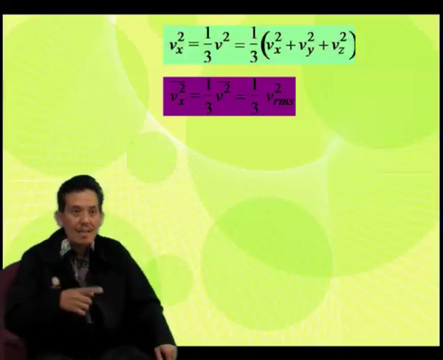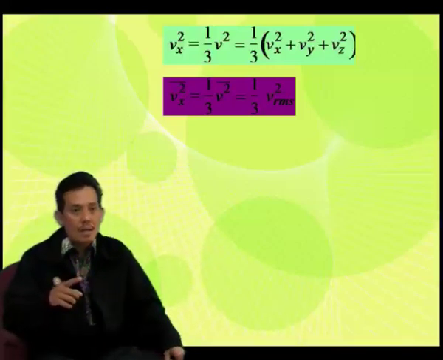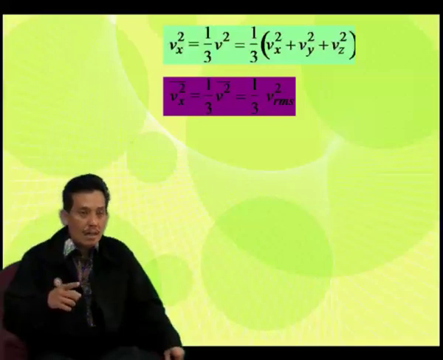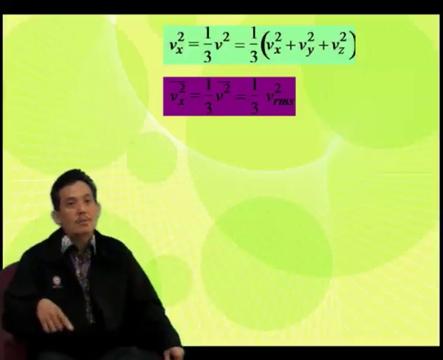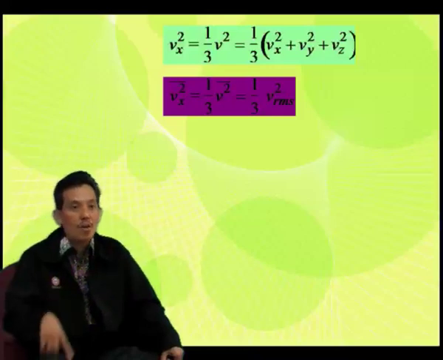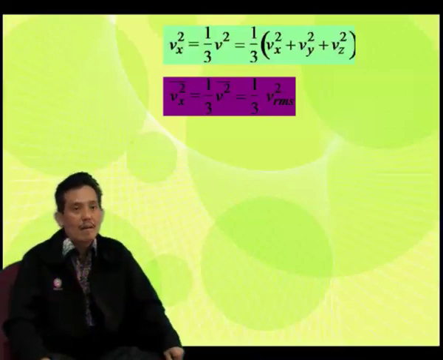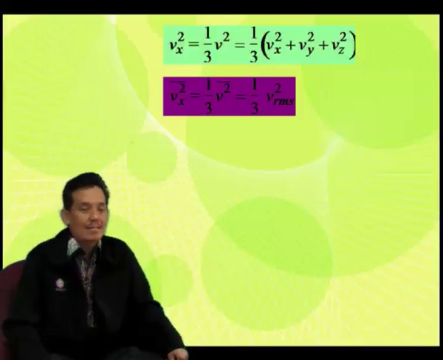So here, the average speed squared we call V RMS, root mean square.